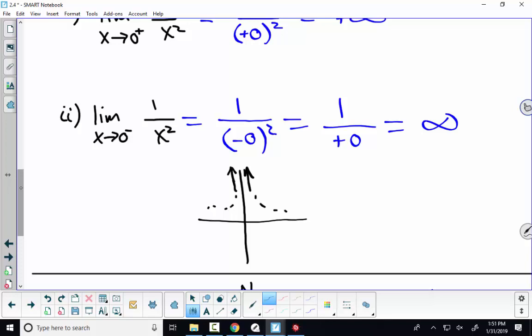So, if we know that this function 1 over x squared looks like this close to that asymptote, how would we determine what's happening everywhere else? How do we determine what's happening over here and what's happening over here, for instance? That's where the next section, 2.5, comes in.